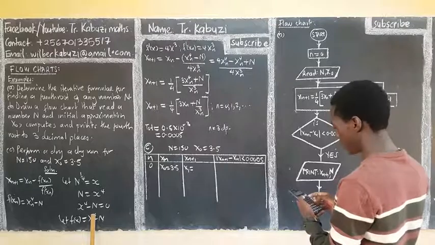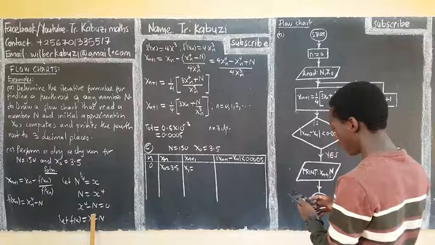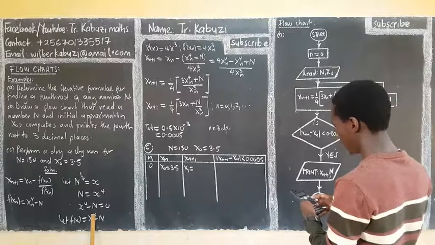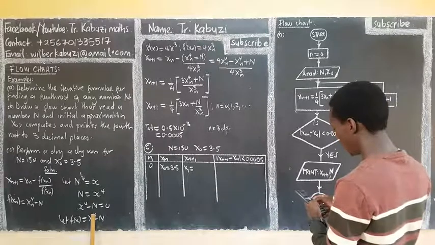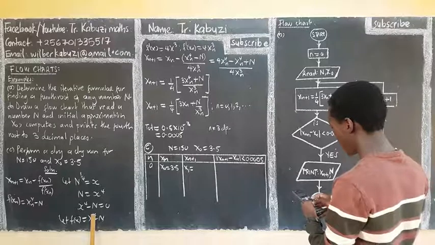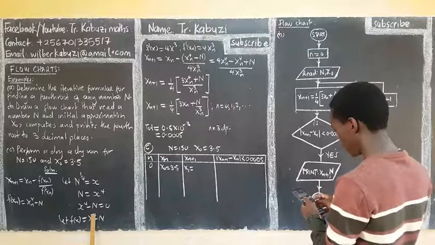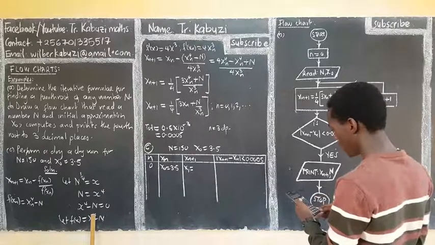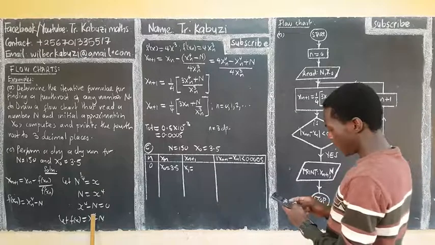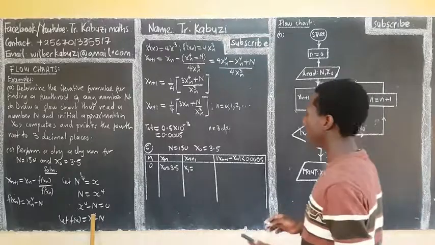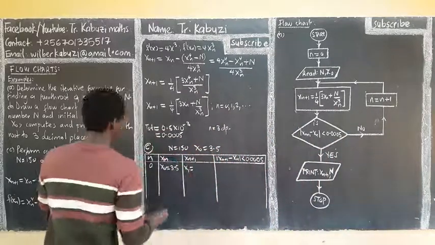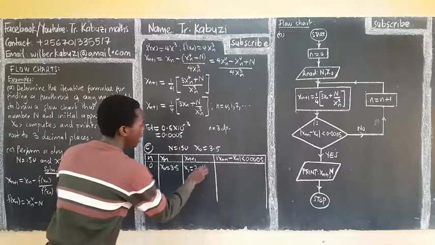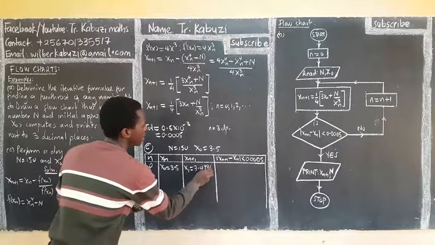I think I've told people how they press those things on the calculator. But now n, which is 150, divided by x to the power 3. So when we put in the 3.5, the answer we get here is 3.4996.